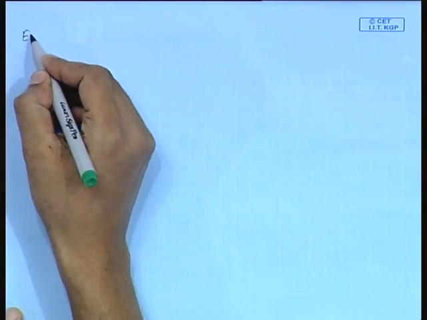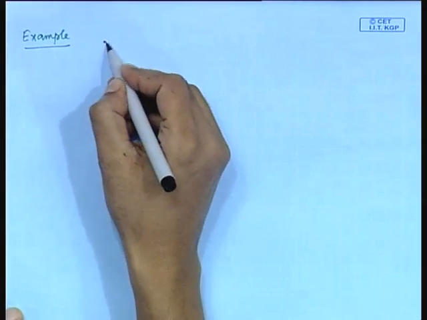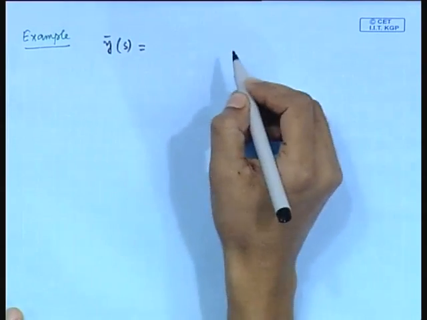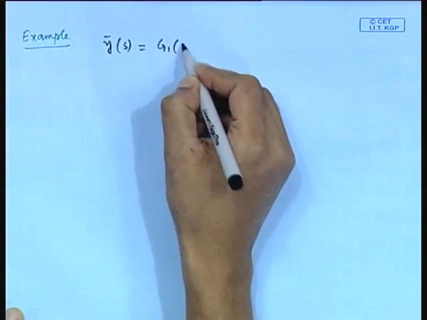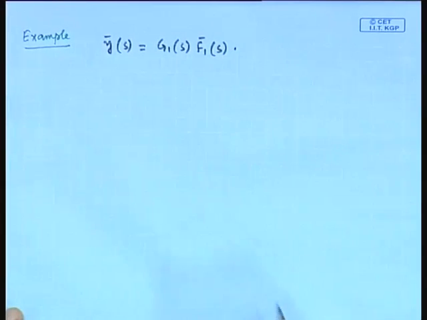Now, we will take one simple example to explain the concept of poles and zeros. We will consider the equation in s domain, that is say G1(s) F1 bar(s).